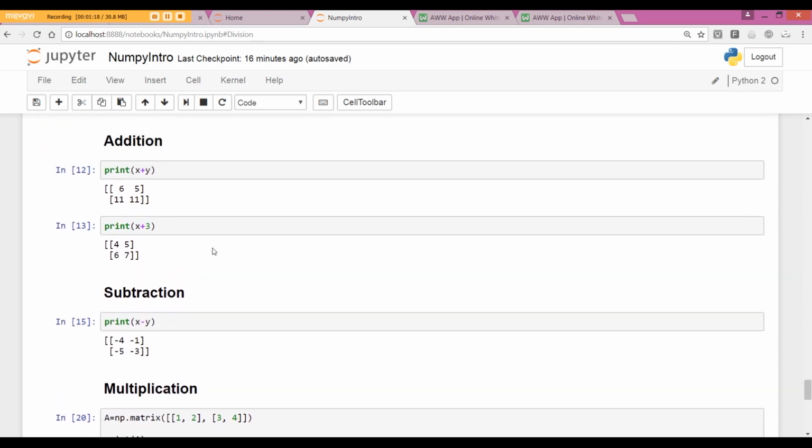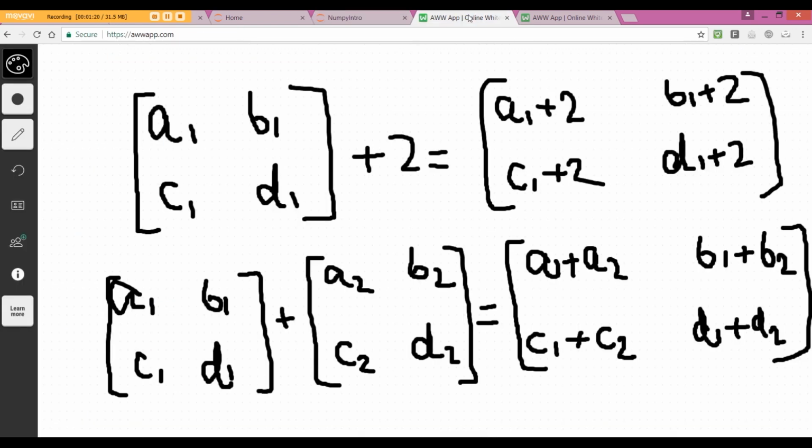So let us look at addition. Now addition is carried out on an element by element basis. So as you can see in the second row, I have two matrices, A1, B1, C1, D1, the second matrix with A2, B2, C2, D2, and the addition and even subtraction are carried out element by element.